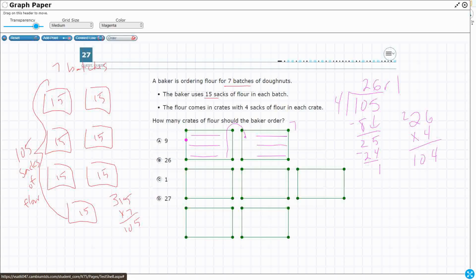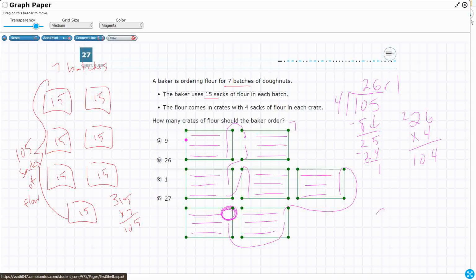So this is what I'm doing. I'm doing my 7, 8, 9, 10. I'm going to grab these two, say 11. Then I'm going to say 12, 13, 14, 15, 16, 17, 18, 19, 20, 21, 22, 23, 24, 25, 26. I need 1 more sack of flour. So 26 is not going to make it.